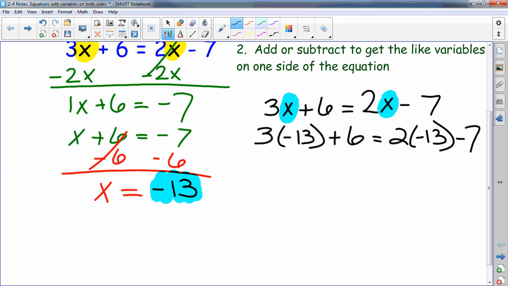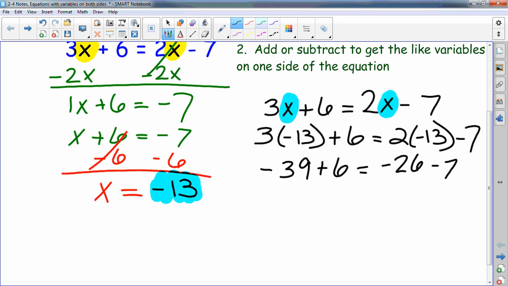Now, by order of operations, what do I have to do first? I don't have any variables. Yeah, you're going to do all multiplication first. PEMDAS. Since we're not solving the equation, we're just simplifying an equation without variables, we just have to do the multiplication first. There's no parentheses or exponents, so 3 times negative 13 gives me negative 39 plus 6 equals 2 times negative 13, negative 26 minus 7.